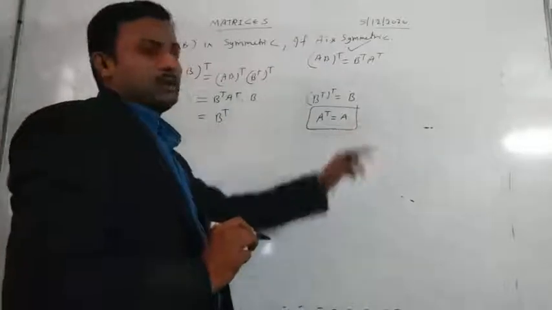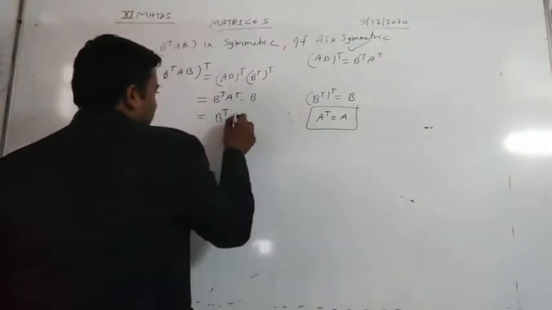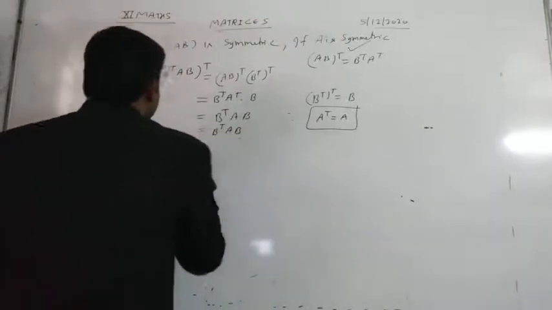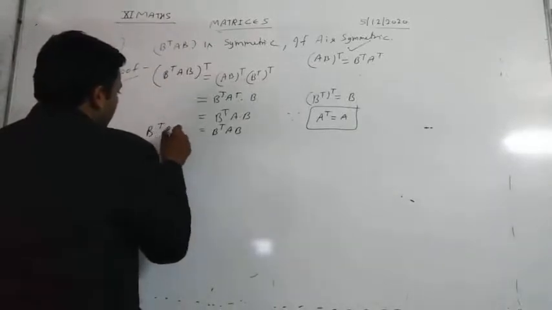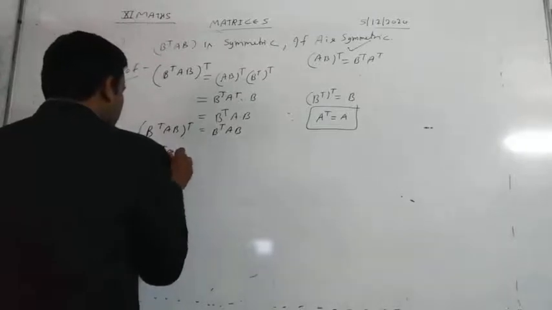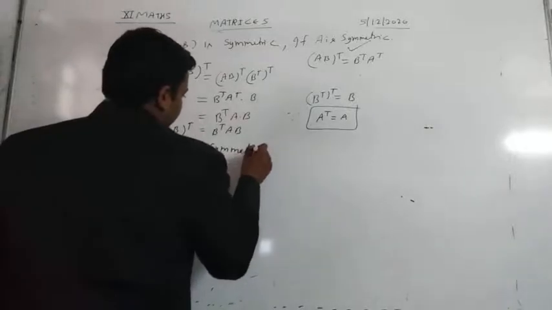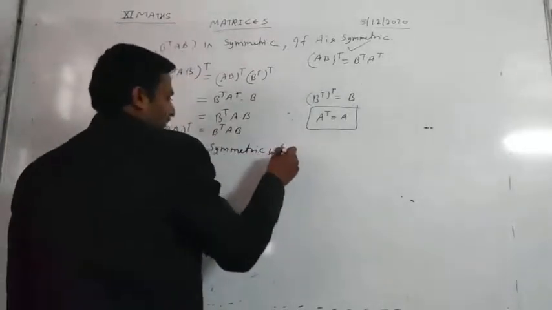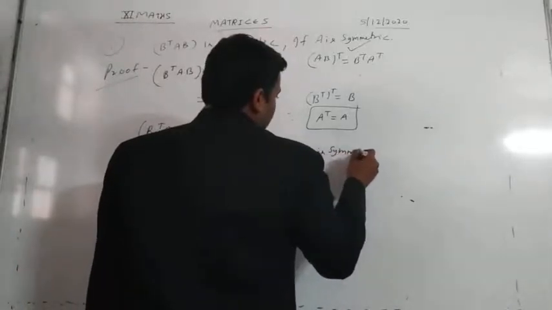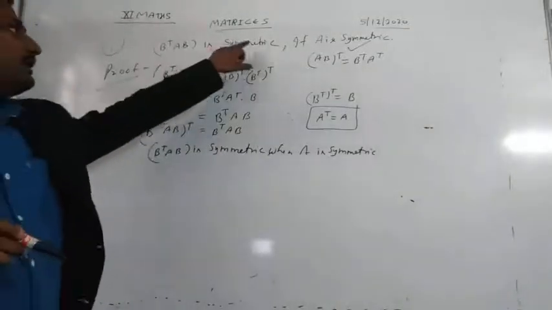So in place of A transpose we can write A. So we get B transpose AB, and we can say that B transpose AB is symmetric when A is symmetric. In this way we prove that this part is symmetric if A is symmetric.